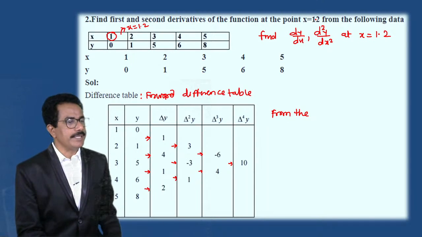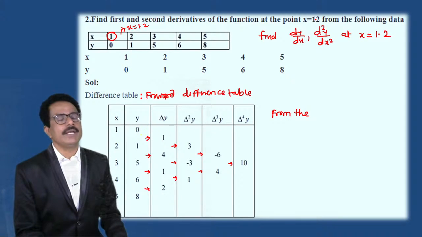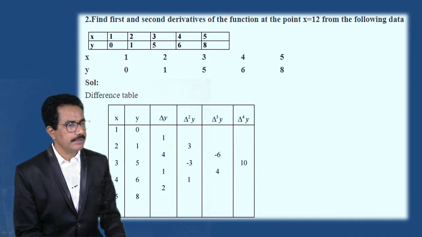The first argument is given, so we can write the initial value, actually 0 means initial value we can consider.